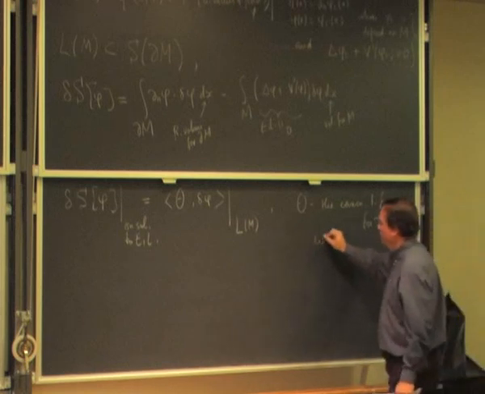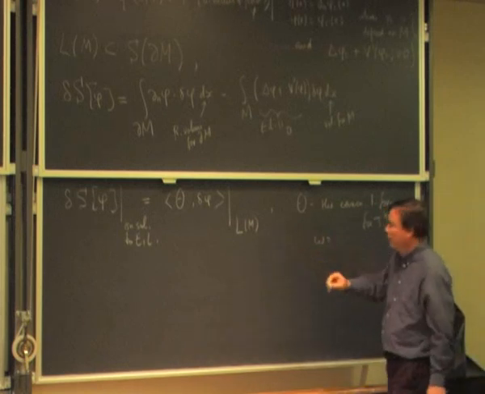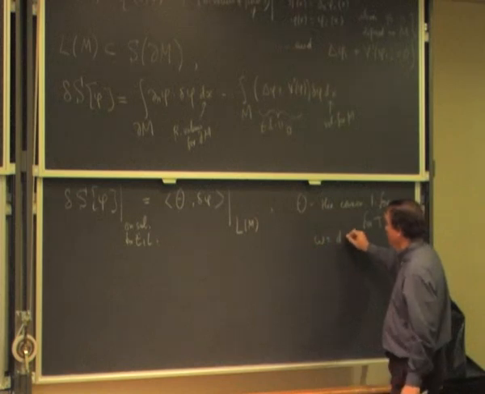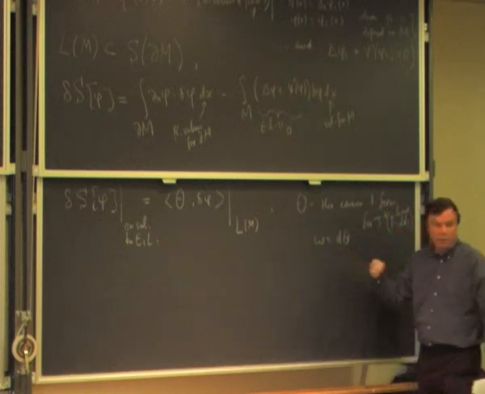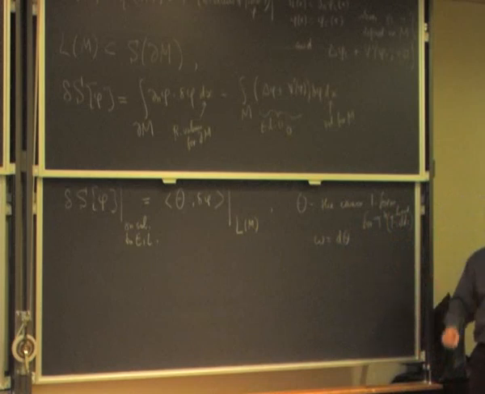So in other words, this symplectic structure that we have on S is equal to dθ, where d is the differential in fields.